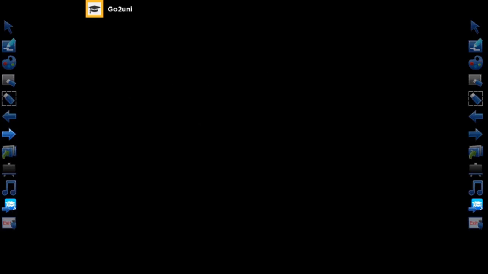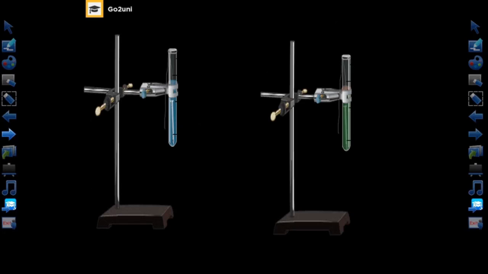Let us take a brief look at a description of displacement reaction. Looking at the experiment as displayed, it is an experiment between copper and iron. An iron nail is being dipped with a thread into a test tube containing copper 2 sulfate solution.